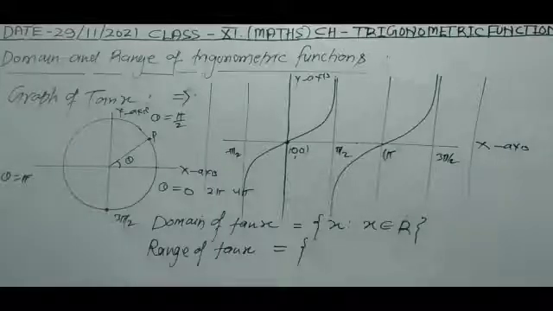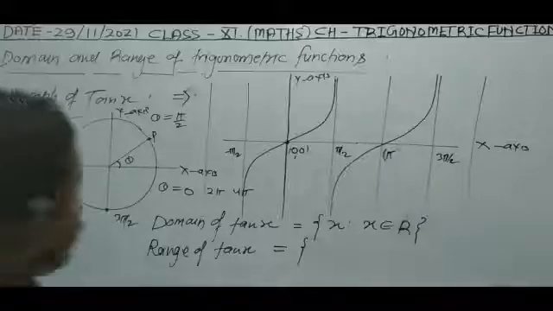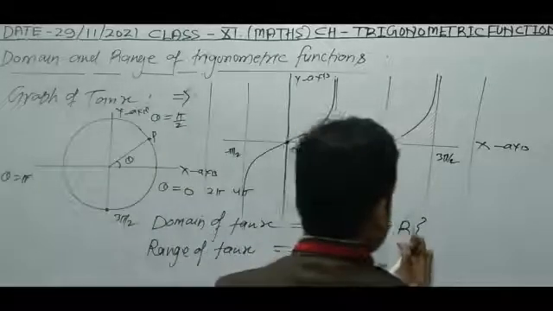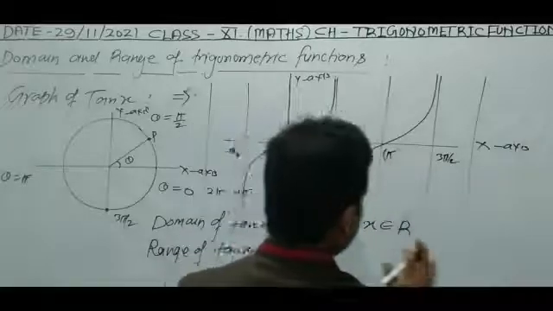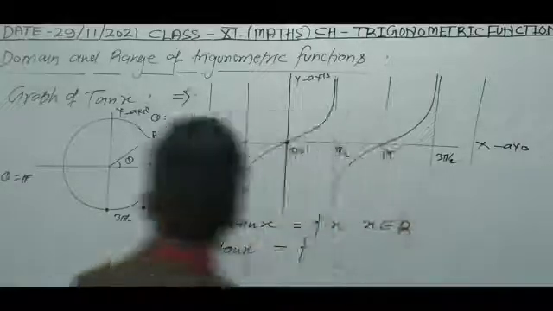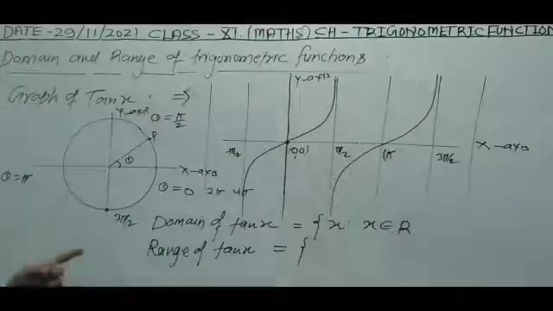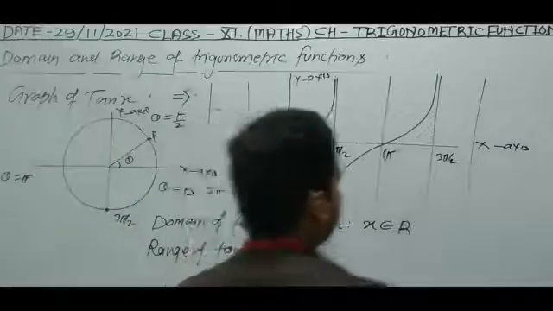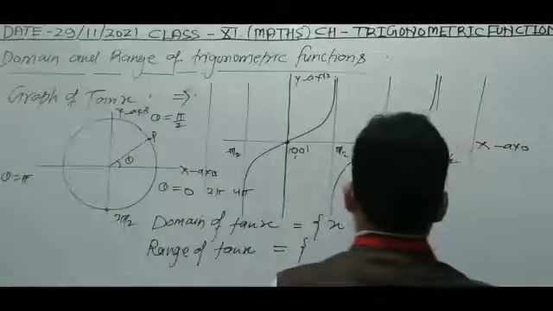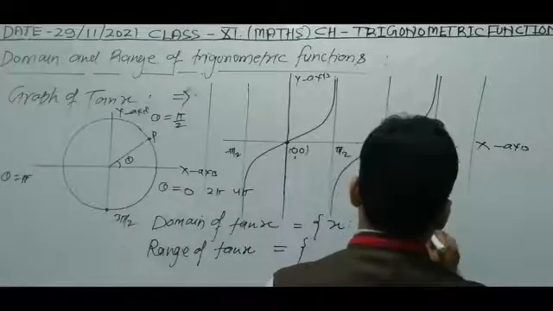So for all real values of x, the domain of tan x is, there was some mistake, excluding odd multiples of pi by 2.